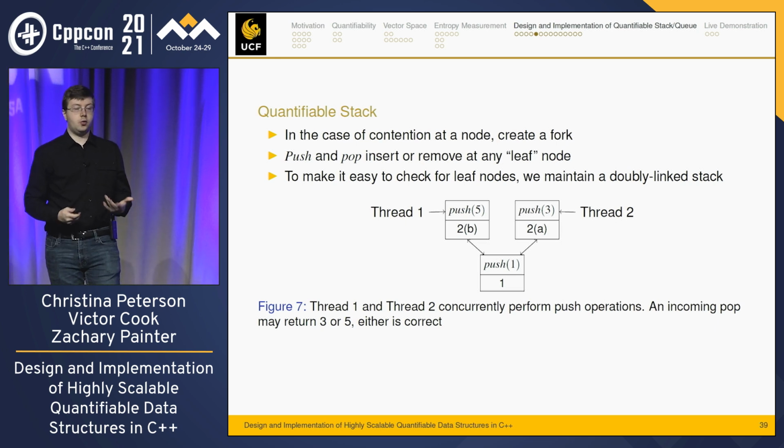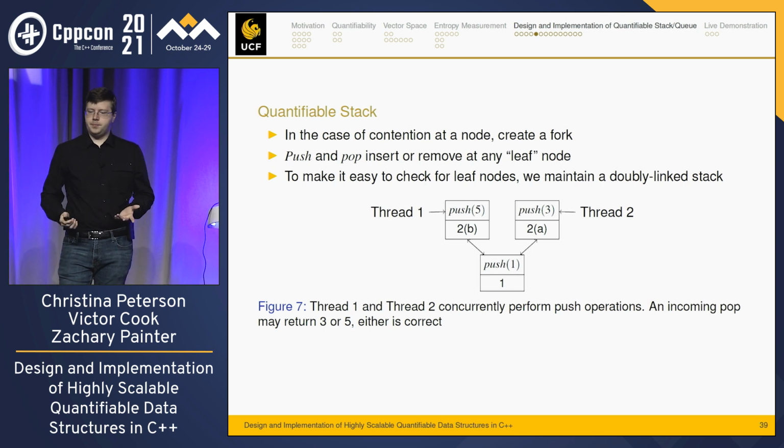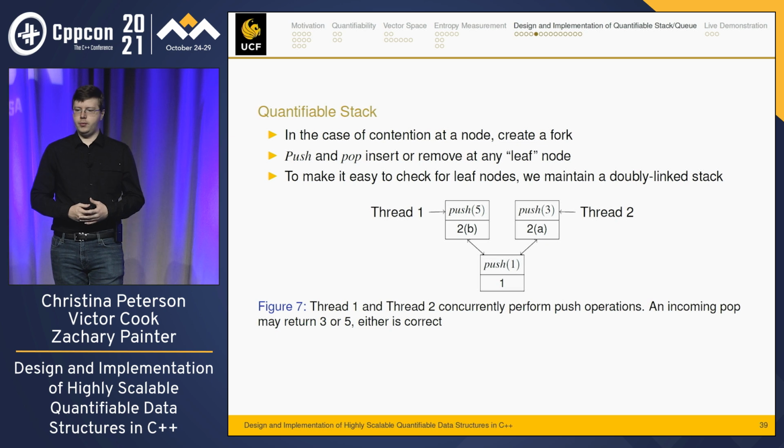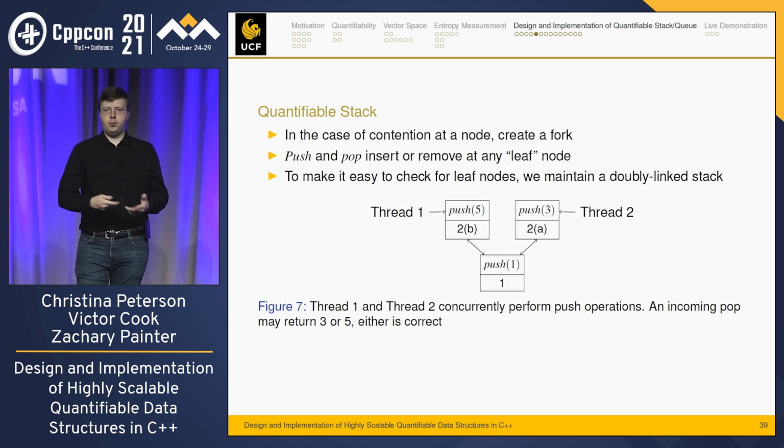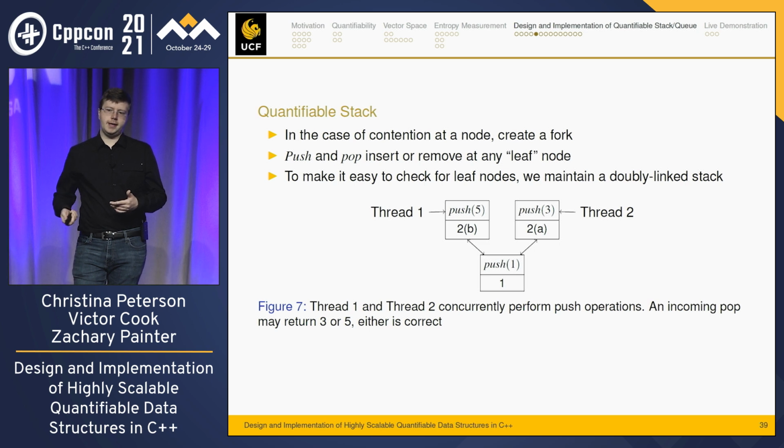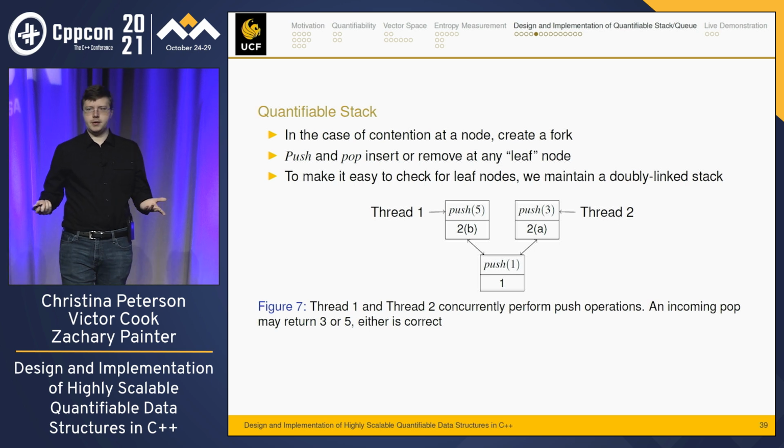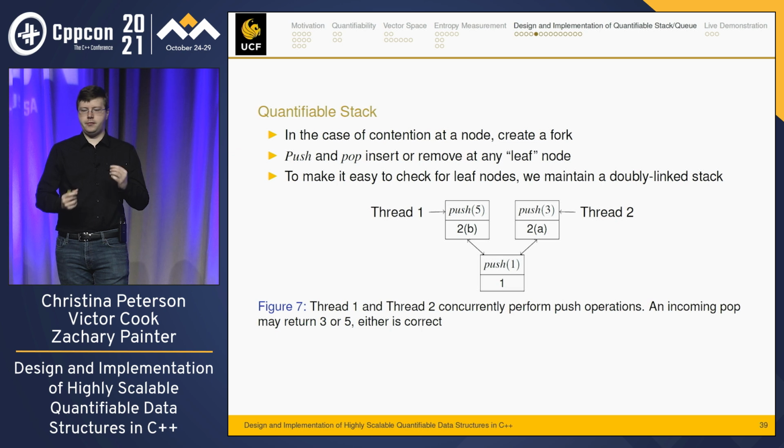So with that, let's talk about the quantifiable stack. Typically, in a concurrent stack, if you have concurrent pushes, for example 2 threads trying to push 5 and 3, they would both try, one of them would succeed, one would fail, and then the other one would try again, and you would end up with a stack that looks like what you expect normally, where either 5 or 3 is at the top.